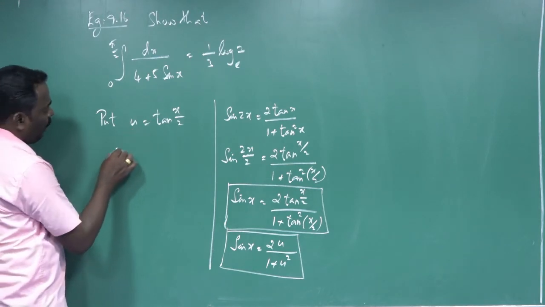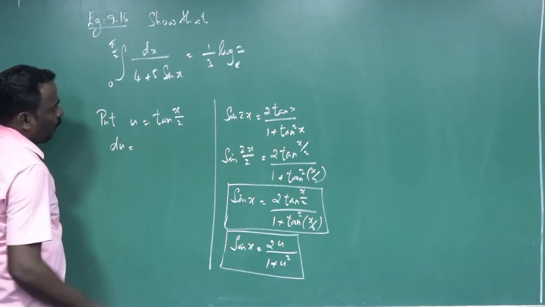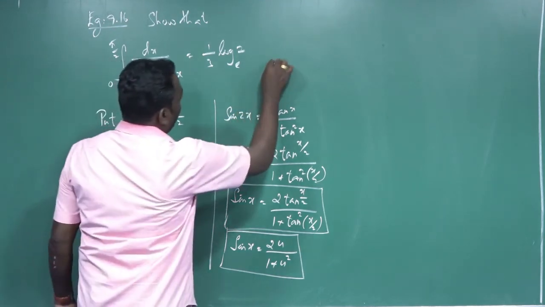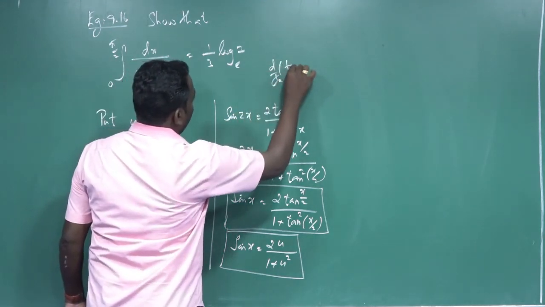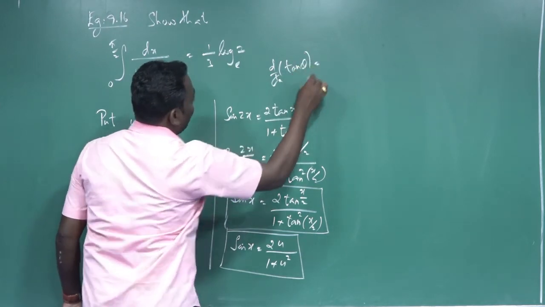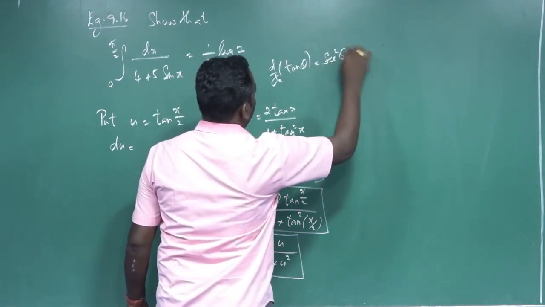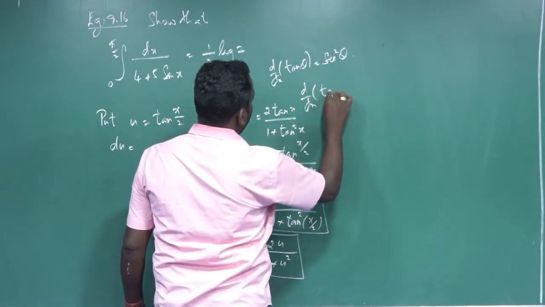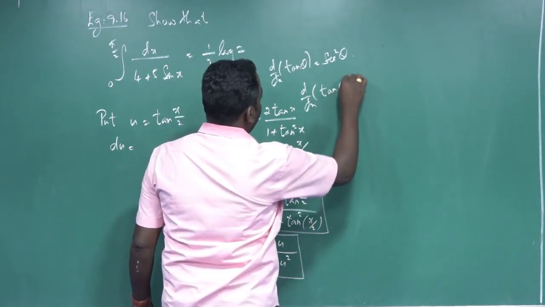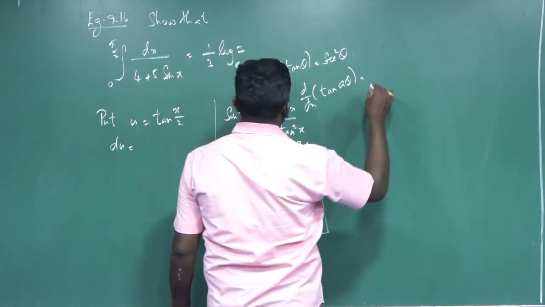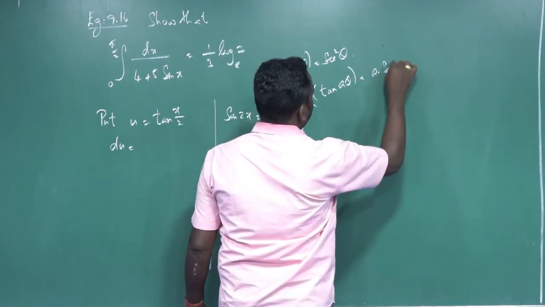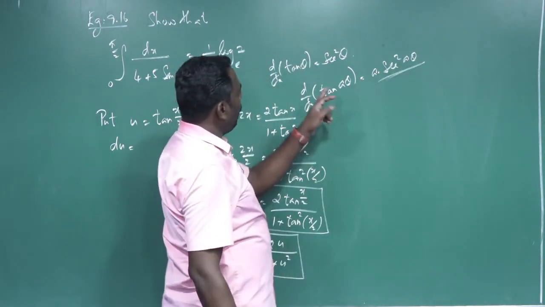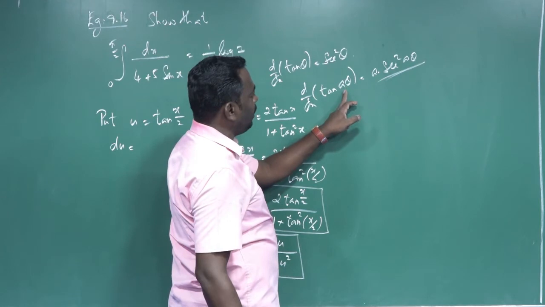Differentiating u, du is equal to the differentiation of tan x by 2. The derivative of tan theta is secant square theta. Here, d by dx of tan a theta is equal to a into secant square a theta, that is the formula, because the coefficient of theta is a.